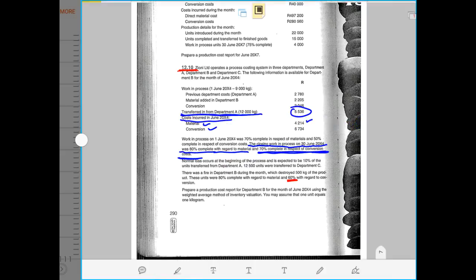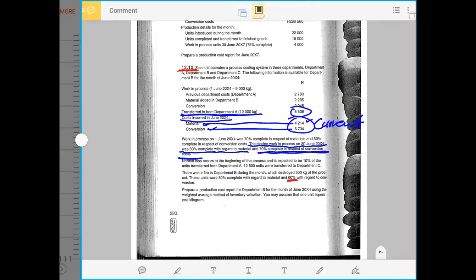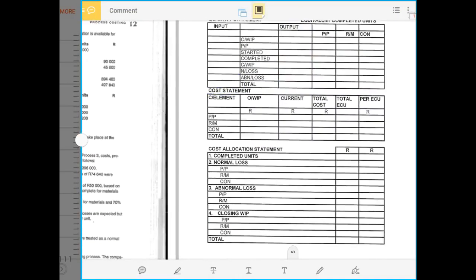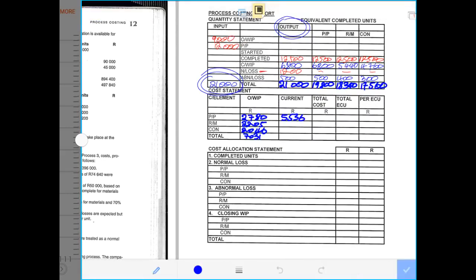We record all this under current because they are for the current month. Therefore, under material we record that, and under conversion cost we also record the same amounts. So now it will be 4,214, 4,214, and 6,734, 6,734.